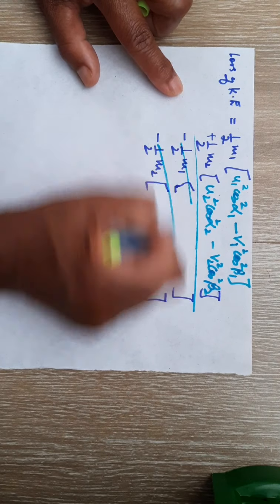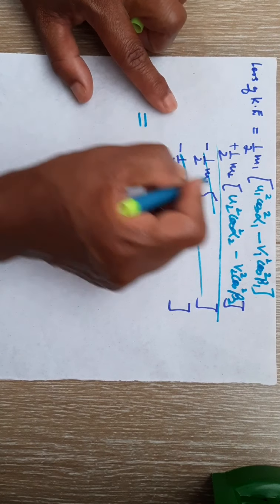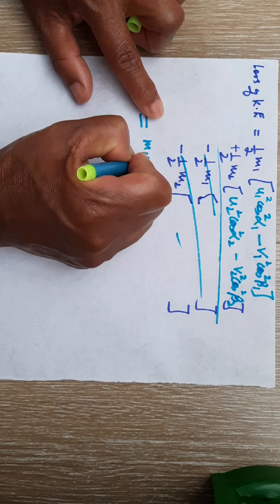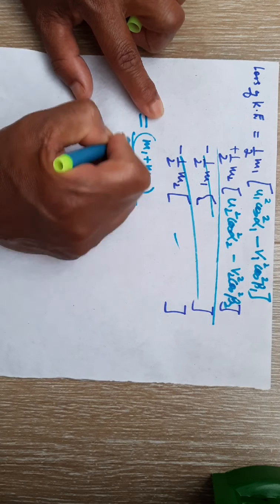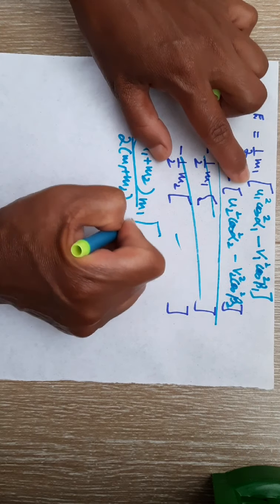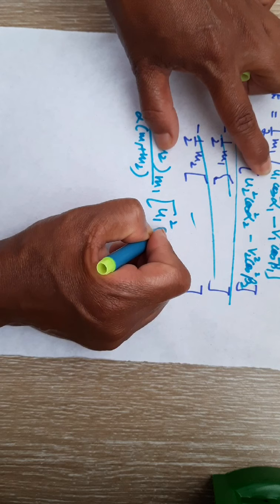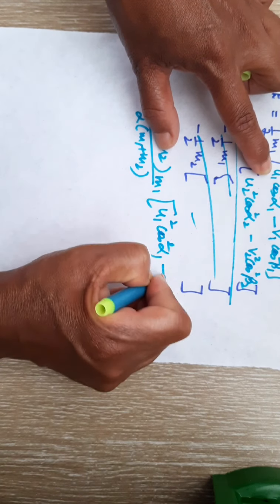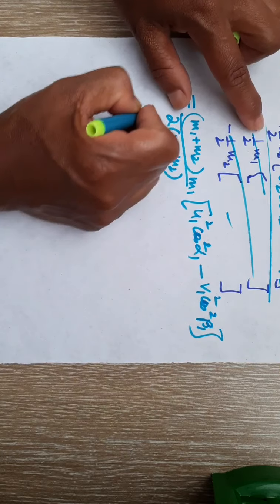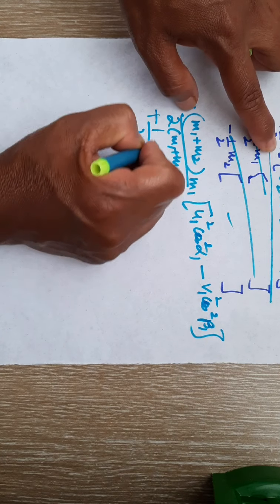Now let us multiply and divide by the sum m1 plus m2. So it will become m1 plus m2 by 2 times of m1 plus m2 into m1. So the same thing will be here inside the bracket. It will be this one, plus half again for the second term also.